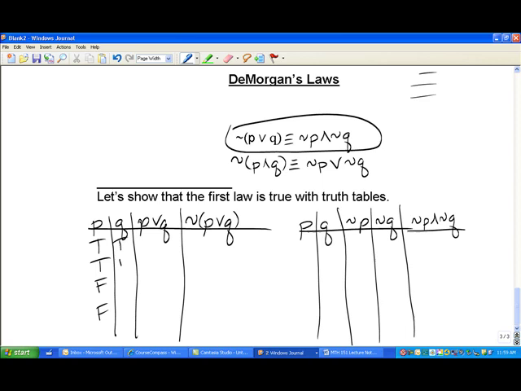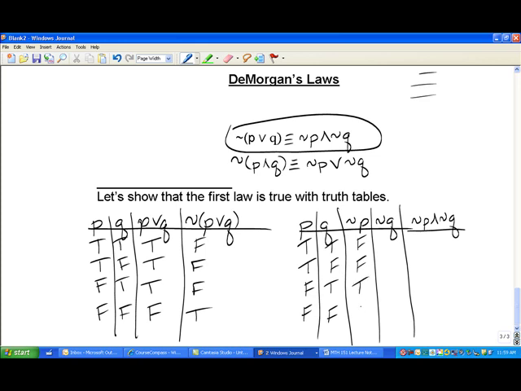True or true is true, true or false is true, false or true is true, false or false is false. Negating that, we get a false, false, false, true. Okay, we're going to have 2 true and then 2 false. Alternate. Negating, we'll have false, false, true, true, false, true, false, true.